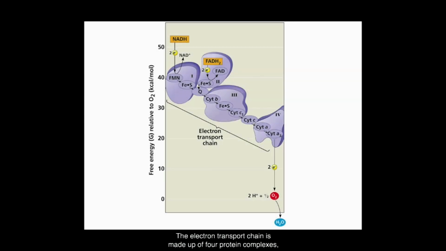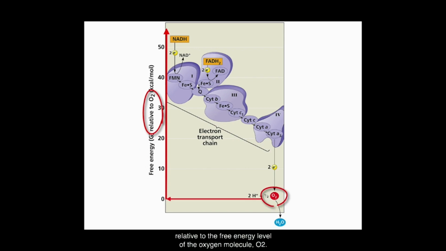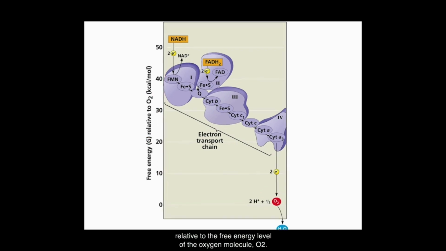The electron transport chain is made up of 4 protein complexes, a smaller cytochrome protein, and an organic molecule called ubiquinone, or Q for short. This figure doesn't show the actual positions of the compounds in the inner mitochondrial membrane. Instead, they're on a graph that shows the free energy level of each compound relative to the free energy level of the oxygen molecule O2.